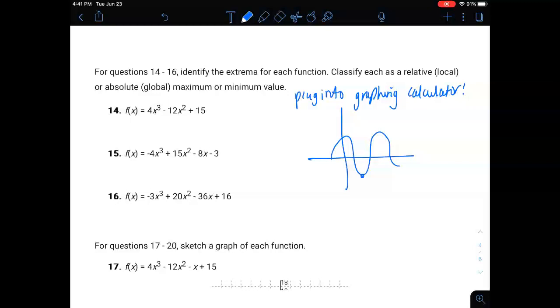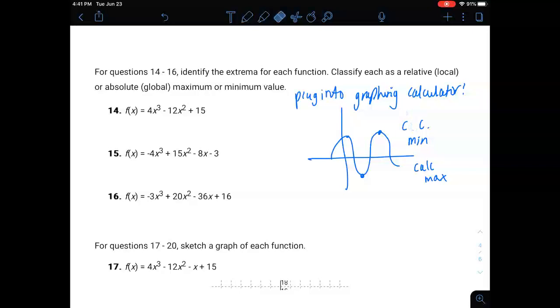And I do believe they posted calculator tips for you for how to calculate the local min and local max, right? And I believe under mine it says calculate, or there's a math, calculate min, and then you can also calculate max. It is under your options. So if I look at my graph here, I have to hit my second button.